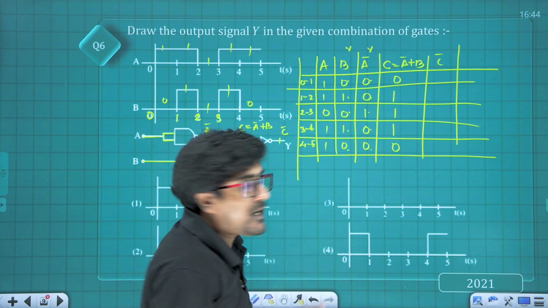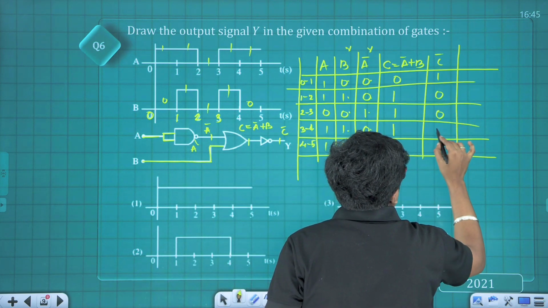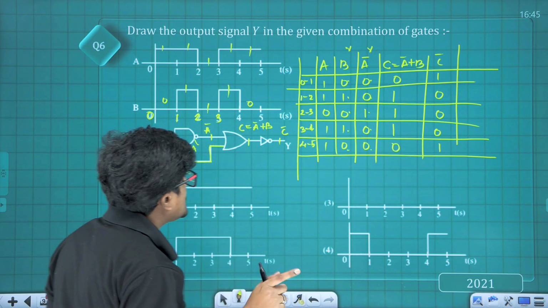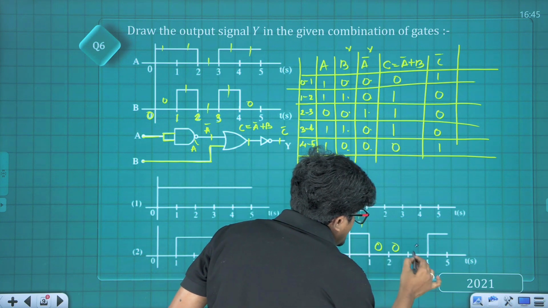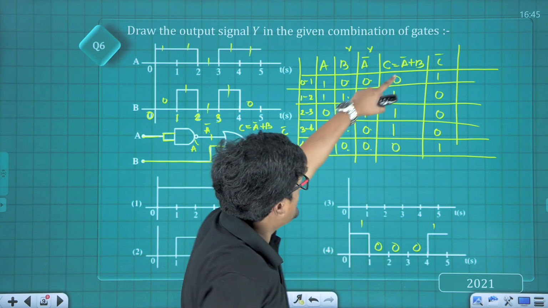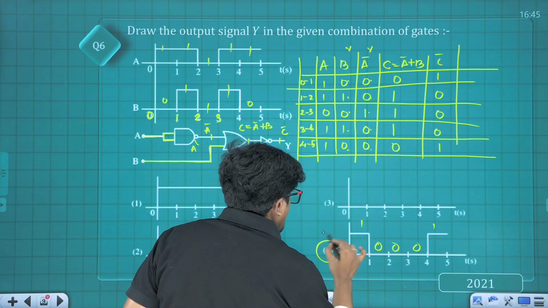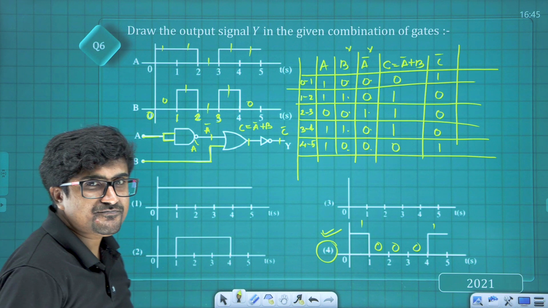Okay, next is C bar, which is 1 0 0 0 1. So with the final output, this waveform perfectly matches, which means my correct answer is going to be option 4.